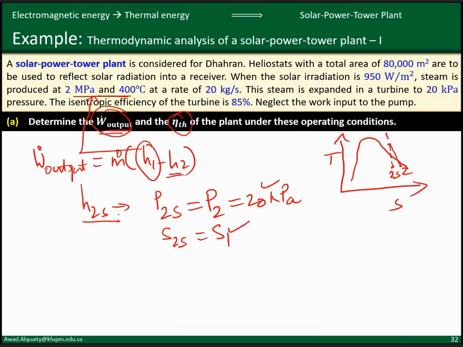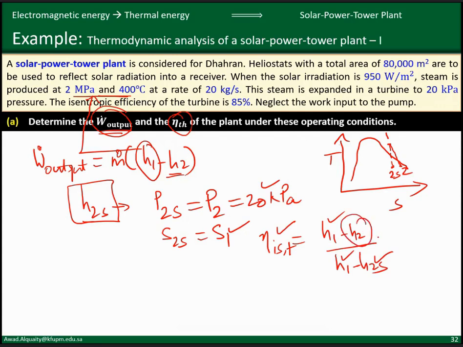Using this, we can fix the state 2S and get the enthalpy. Now, once you have H2S, then simply you can make use of the isentropic efficiency formula for a turbine, which is the actual work output, H1 minus H2, divided by the isentropic work output, H1 minus H2S. We have everything here, H1, H2S, and isentropic efficiency given. So from here, we can find H2, okay?